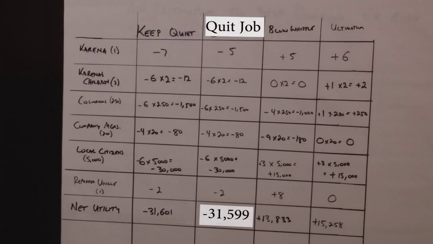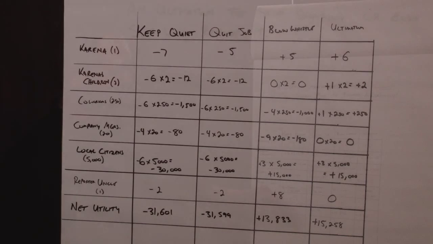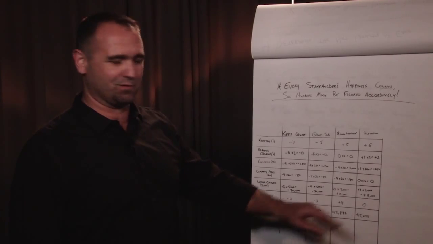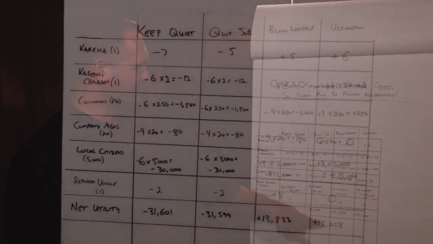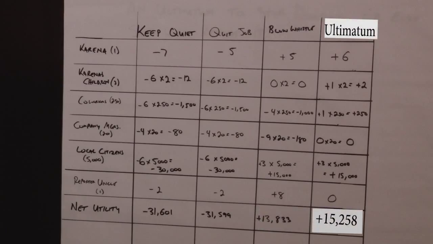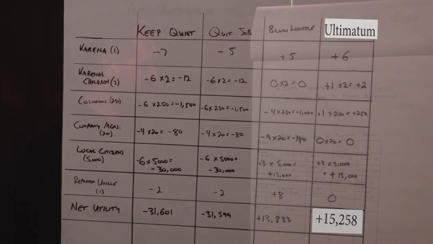Quitting her job has a net utility of negative 31,599. Those are pretty close. But notice how much more happiness is now produced when you look at these 2 options compared to the other chart. Blowing the whistle yields a net utility of positive 13,833, where the ultimatum yields positive 15,258.